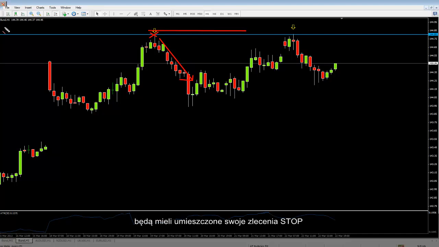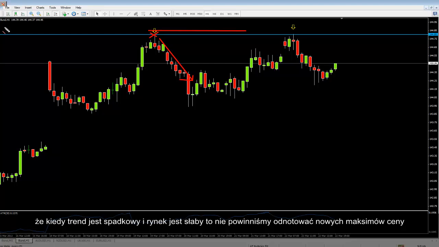Why do they have a stop behind swing points? Because that's what we're taught in the concept of trend trading, which is that if the trend is downward and the market is weak, then we shouldn't make a new swing high. If we do, we shouldn't be in the trade, and therefore traders put their stops, if they're short, above these previous highs.